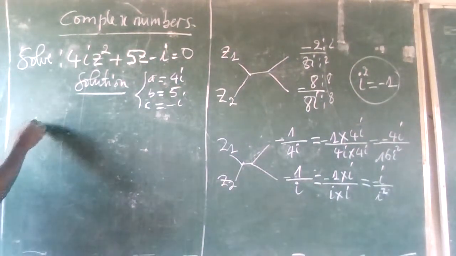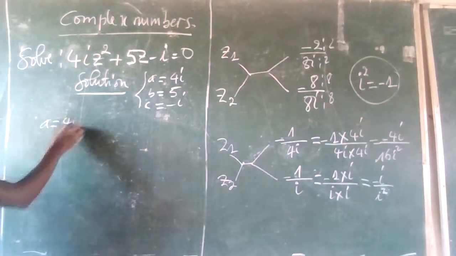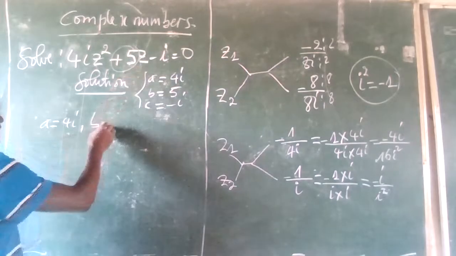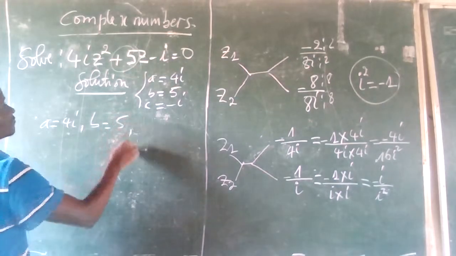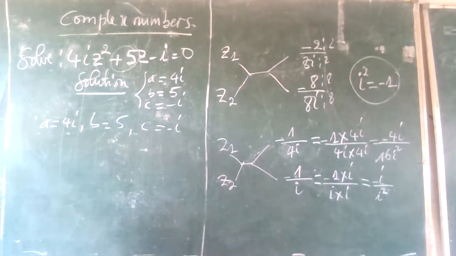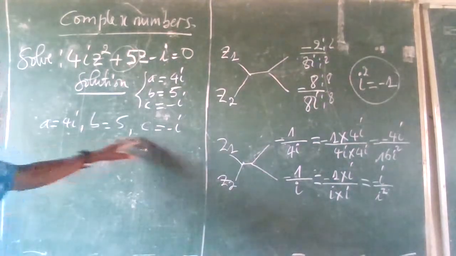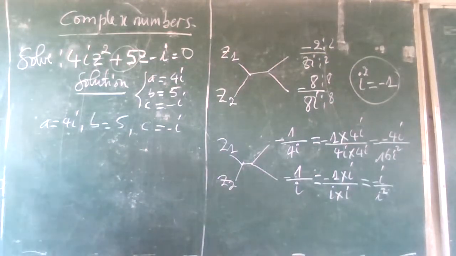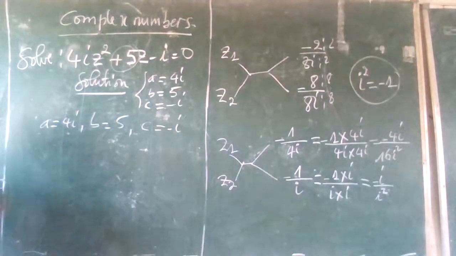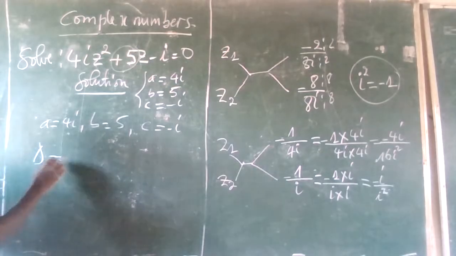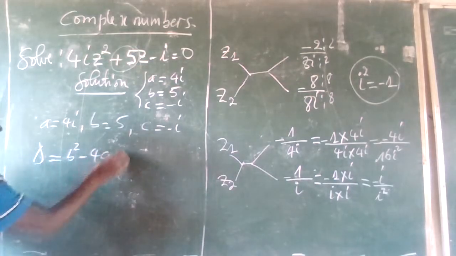We really have A, which is equal to 4i, B, this value of Z, which is 5, and C, it is minus i. Now we are going to use those three variables by finding its delta. We should have delta, it will be B square minus 4AC.